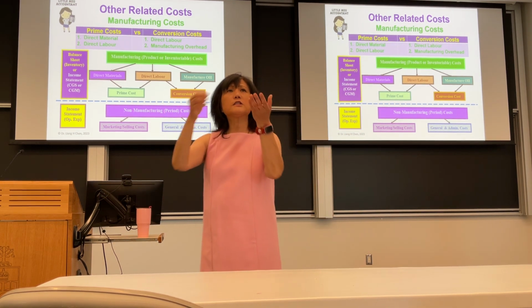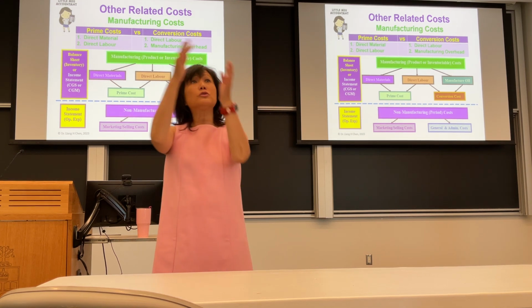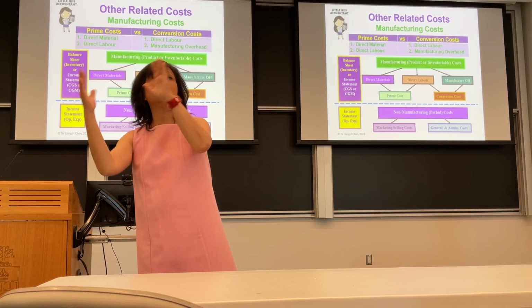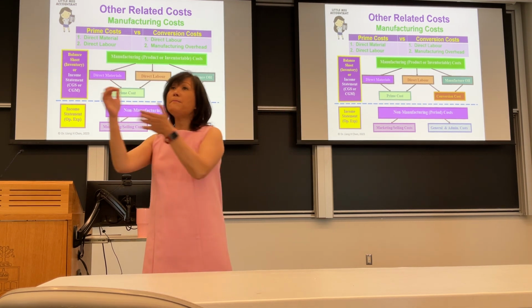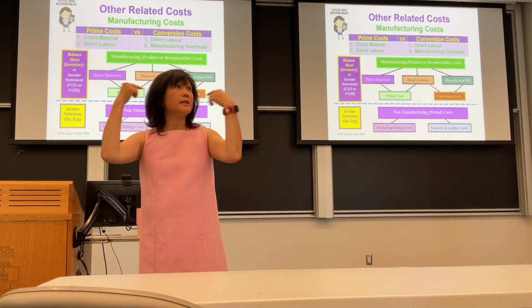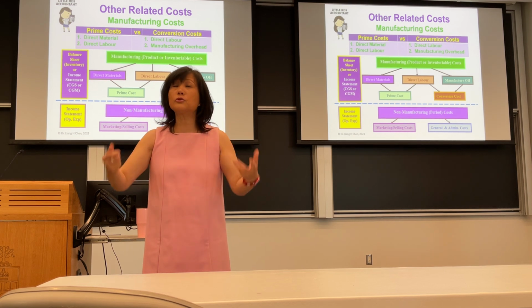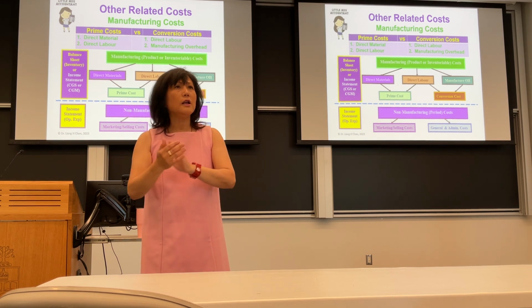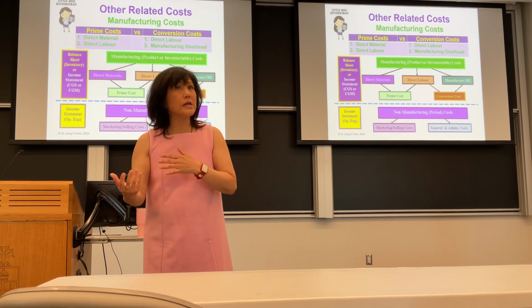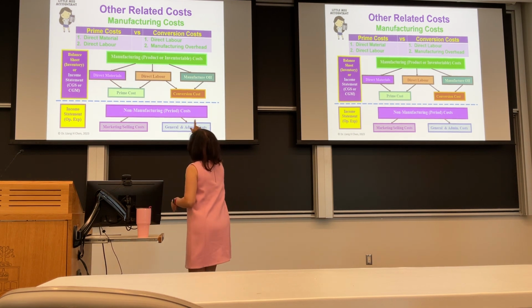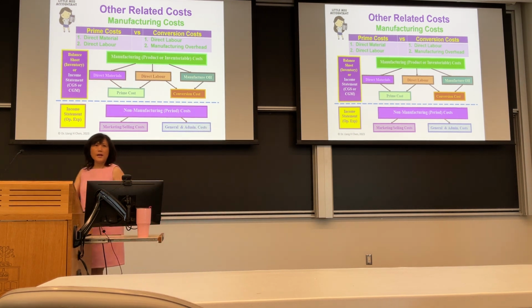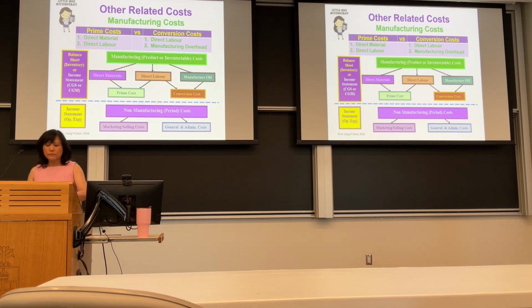Conversion cost is convert from one state of being to the finished goods, different state of being. So a piece of leather can become a handbag because you need to have electricity, you need to have machine, you need to have tools to convert it. Also, you need to have people working on it. So conversion cost refer to direct labor and manufacturing overhead cost.